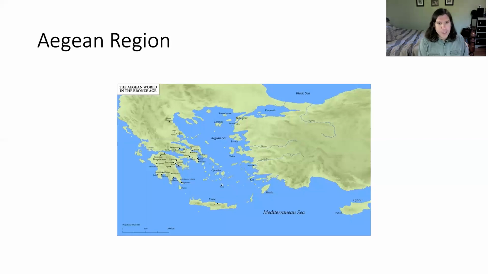And, you know, you can imagine just by looking at this map that the sea itself, maritime travel is going to be very important to this culture. Now, there's not just one monolithic Aegean culture.